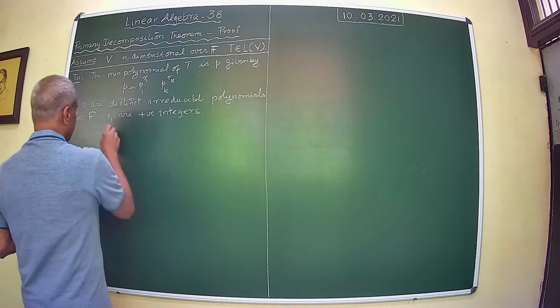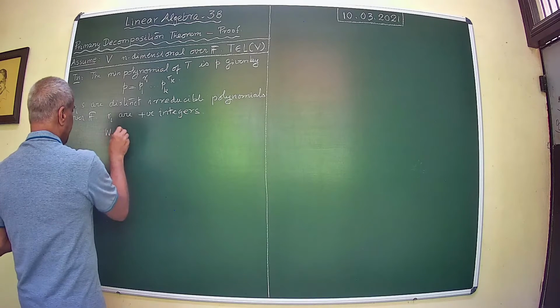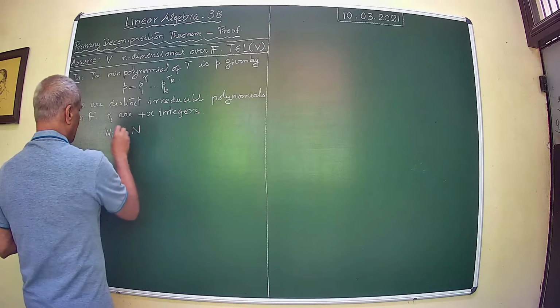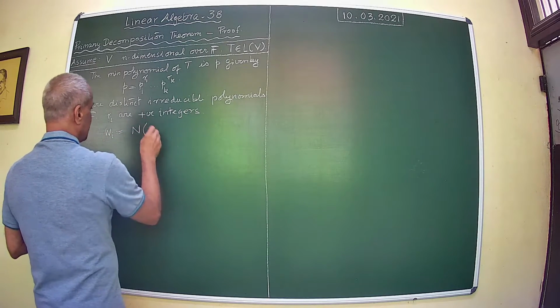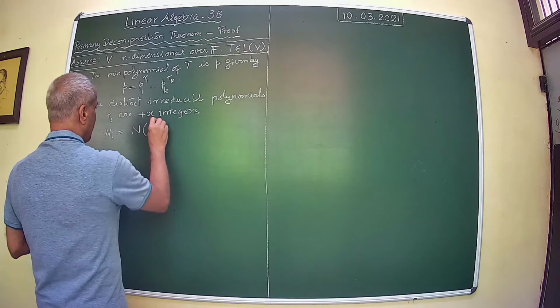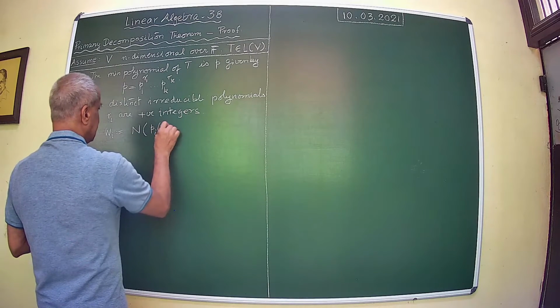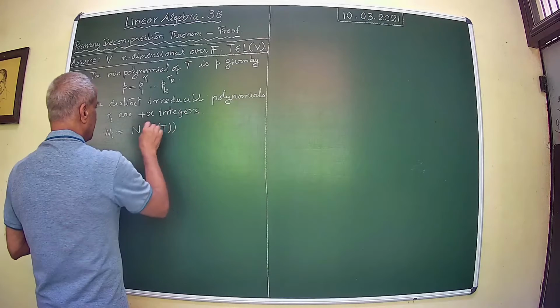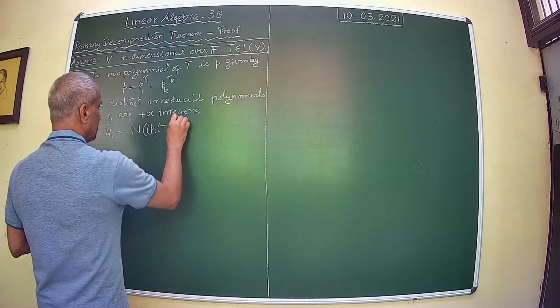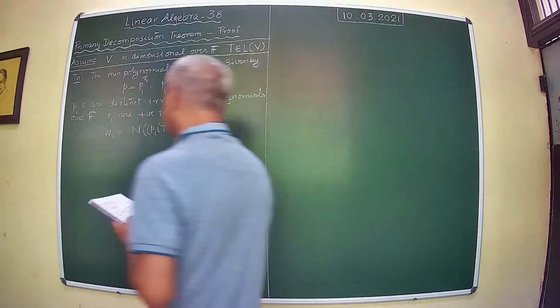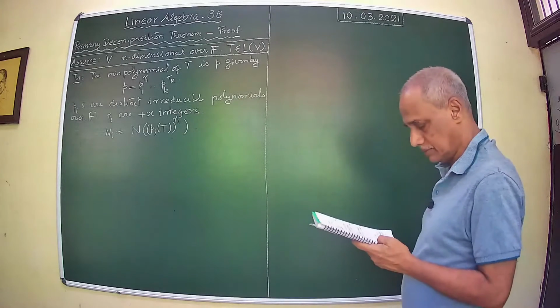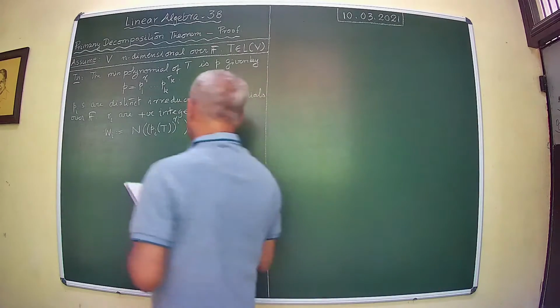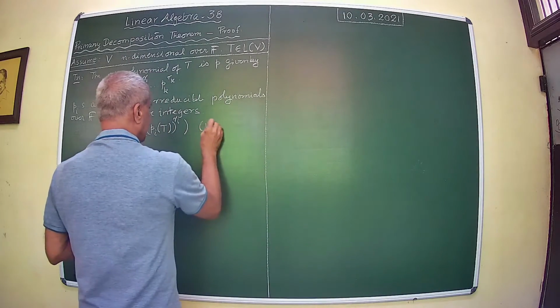Then we define Wi as the null space of pi(T)^ri. That's a definition, and this is for each i.